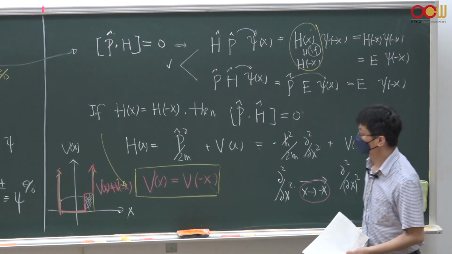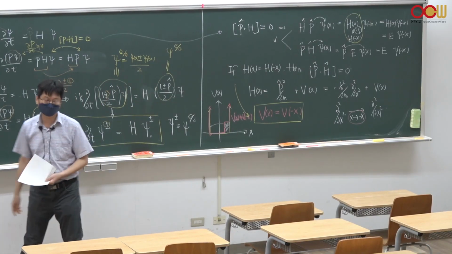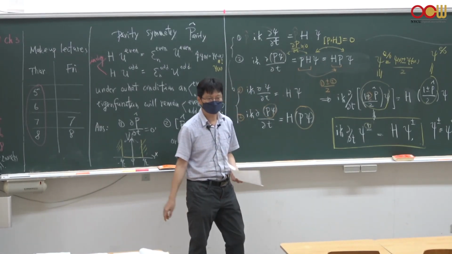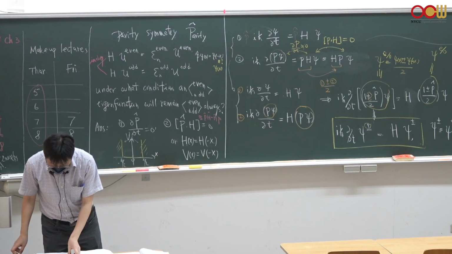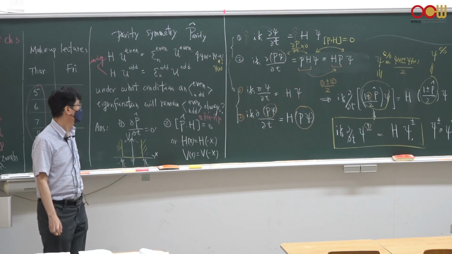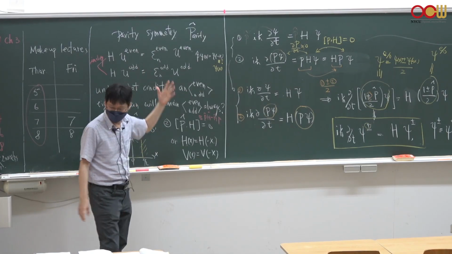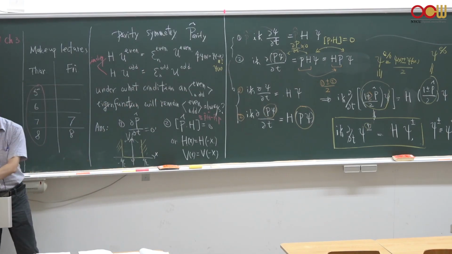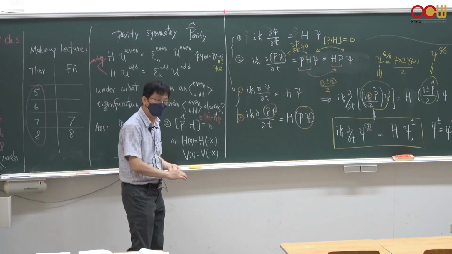So the even and odd will not be decoupled anymore if we don't have such a mirror symmetric potential. This is a simple but very important lesson we learned today: in order to have such a very beautiful, decoupled even and odd eigenstates, we need a mirror symmetric potential.